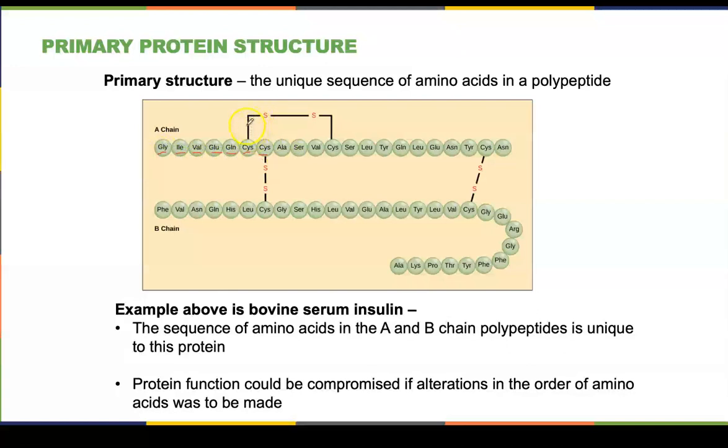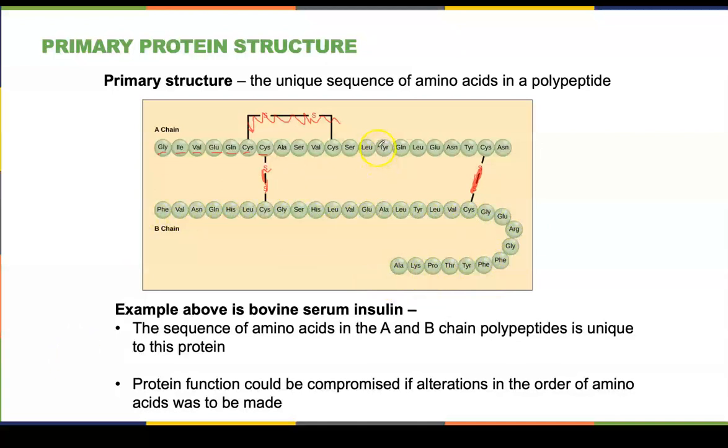We don't have to worry about things like this disulfide bridge. In fact, we're just going to get rid of those disulfide bridges because those affect higher levels of structure. But we can see that this protein has 2 chains to it, 2 polypeptides. The first one has this particular order. The second one has this particular order, and they just happen to write it going around a corner like this.